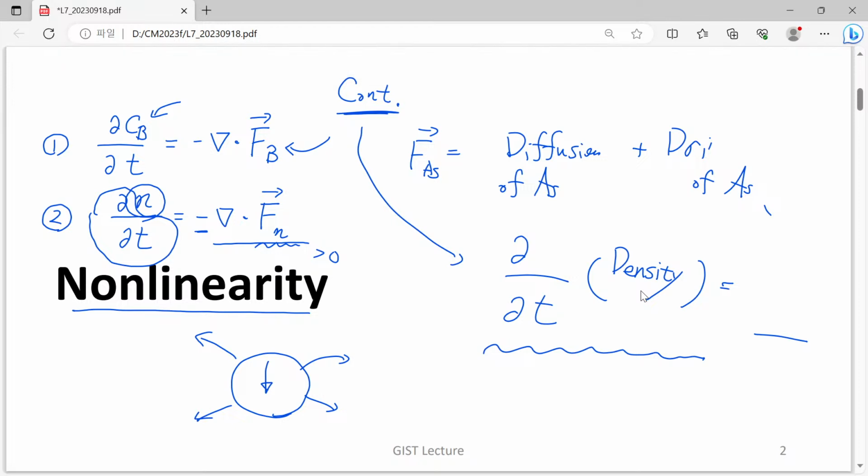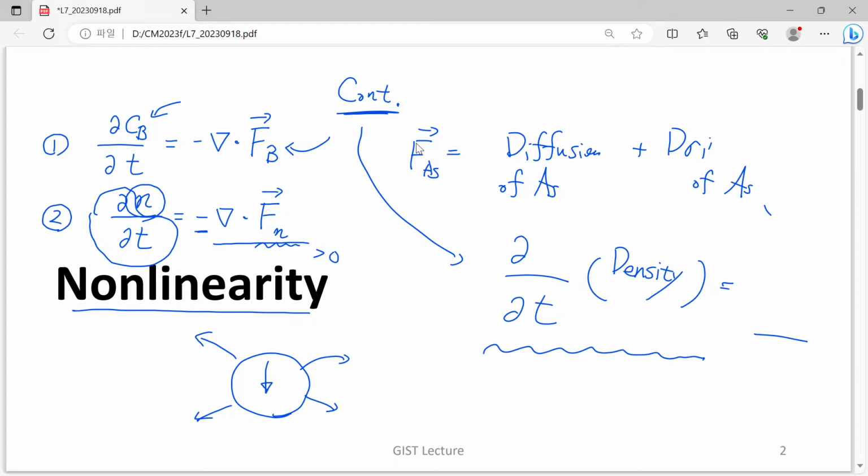Okay? So if you want the time derivative of electron density, then you must solve the electron continuity equation. If you want to know the time derivative of your arsenic density, then you must also solve the continuity equation for your arsenic atoms.